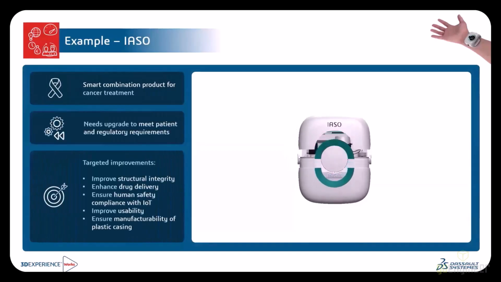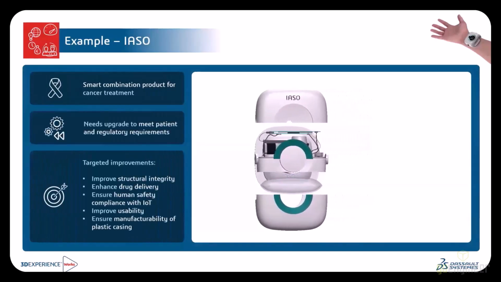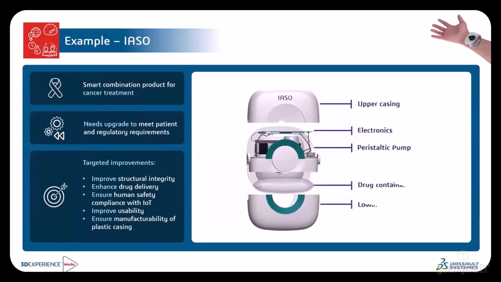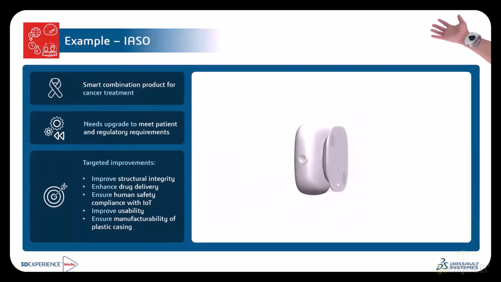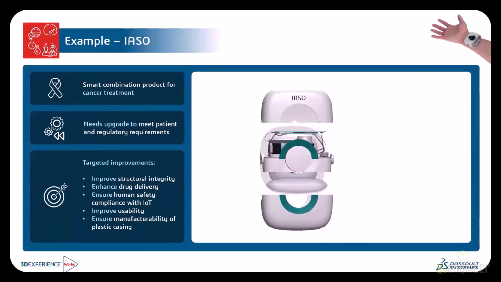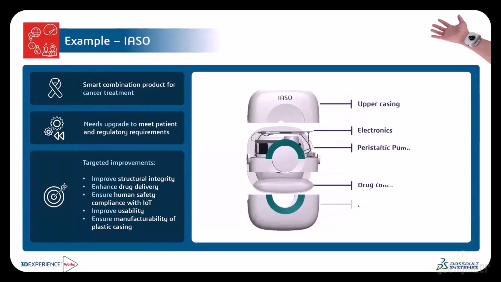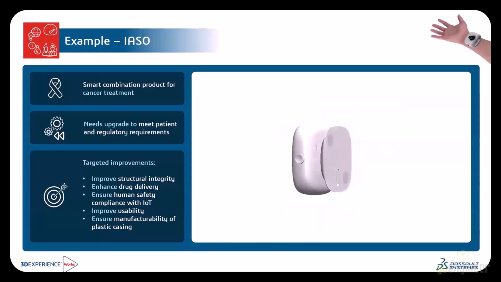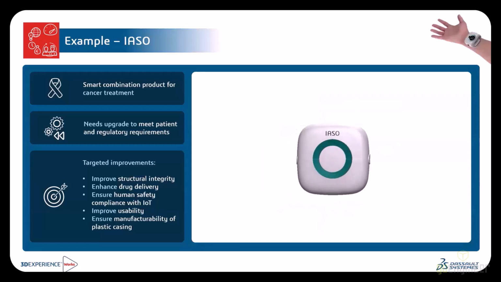And so what you see here is a fictional device that we call the ISO device. It stands as the Greek goddess of healing. And it's intended to represent a real-world drug delivery device. In this case, it's a combination product, which means both the drug and the mechanism for delivering it, the device itself, are both regulated.